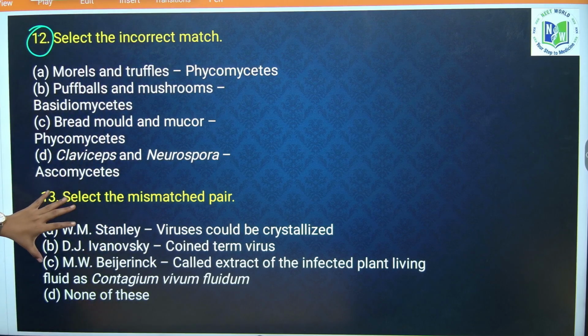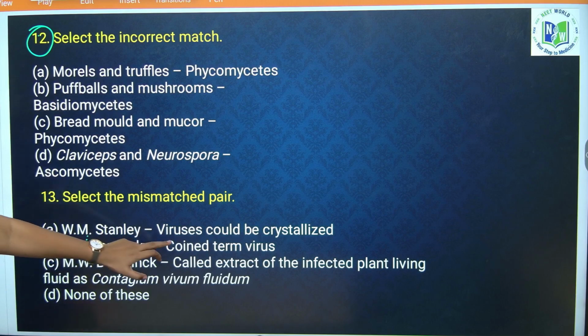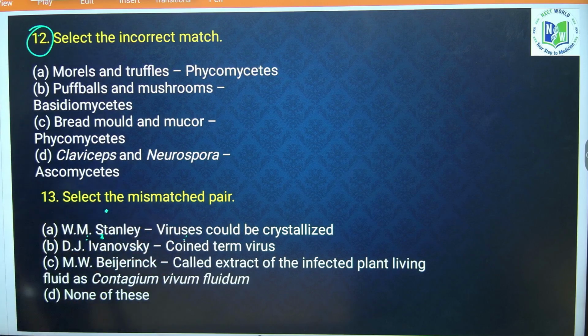Select the mismatch. Here the scientist's name is given and what they discovered. W.M. Stanley crystallized the virus. W.M. Stanley did what? He crystallized the virus. Yes, A is true. D.J. Ivanovsky coined the term virus, correct.